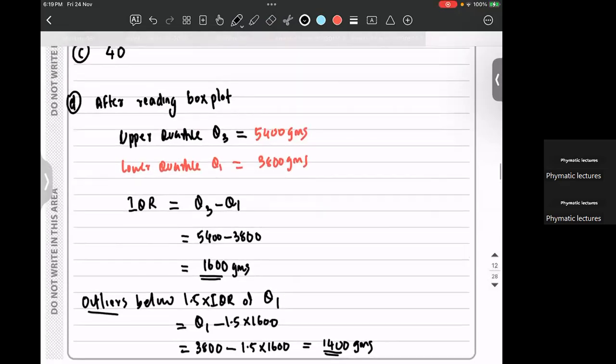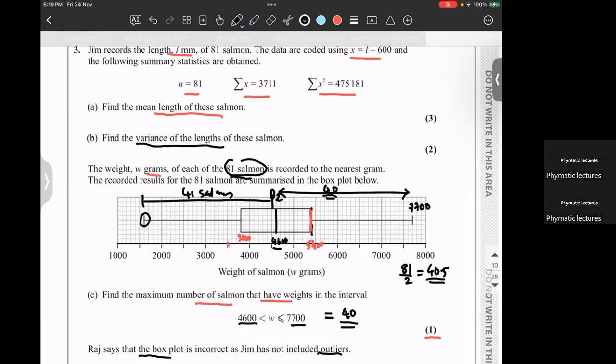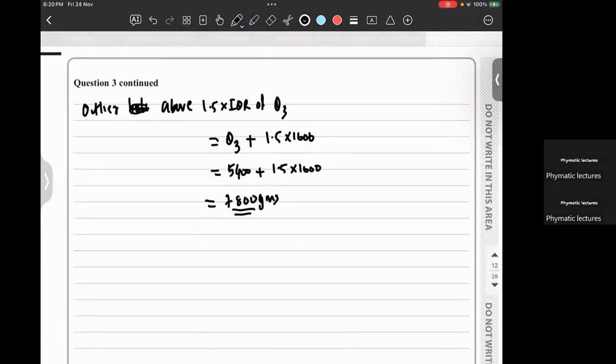Now you go to the box plot. The smallest value is 1,600, and the maximum value is 7,700. This is the box plot we are getting, correct?